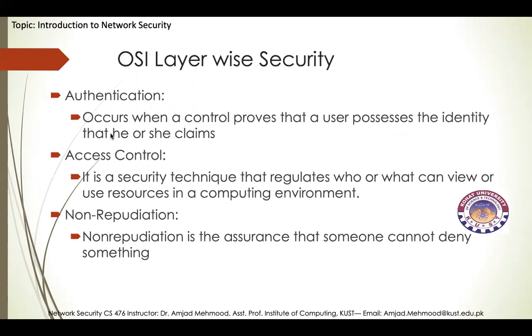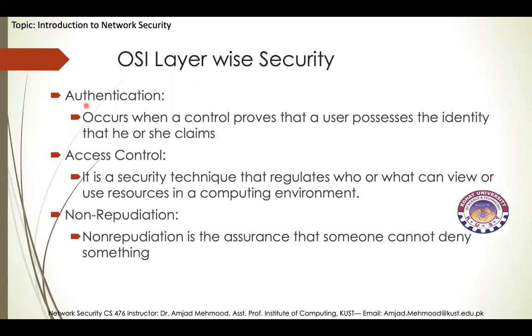OSI layer-wise security. We are now going towards the OSI model, the Open System Interconnection. These are layers which tell you how your system works, or how your information proceeds.